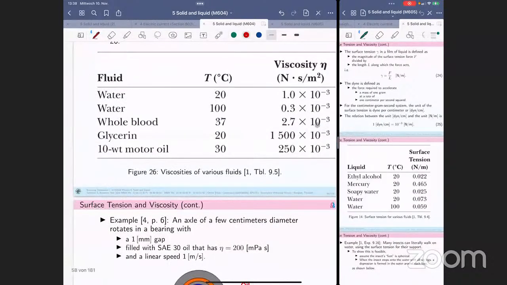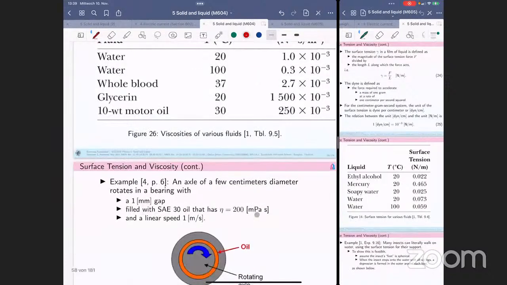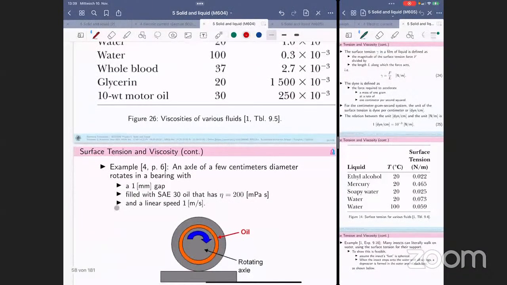Eta is viscosity, what we have just learned, right? Newton second per square meter. It's 200 millipascal second. So if you substitute the unit of Newton, you're going to have millipascal second, and a linear speed of 1 meter per second.